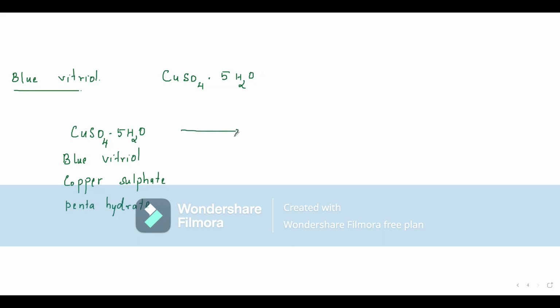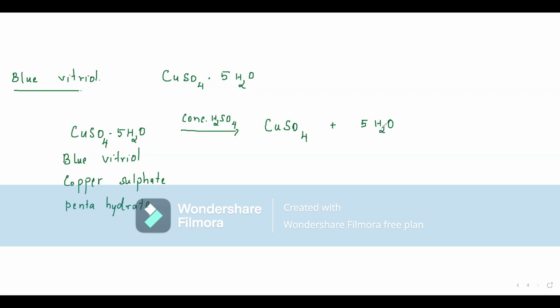This is treated with concentrated sulfuric acid. As told earlier, do not write plus concentrated sulfuric acid. Leave concentrated sulfuric acid on the arrow and your products are CuSO4 plus 5H2O. This is why I said it's very easy to understand this equation.